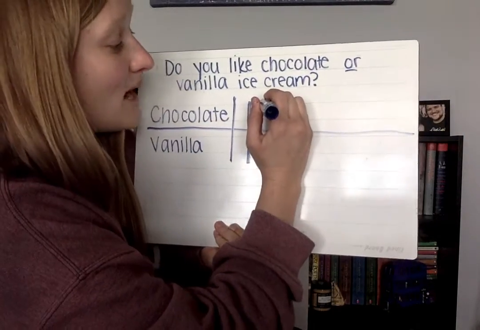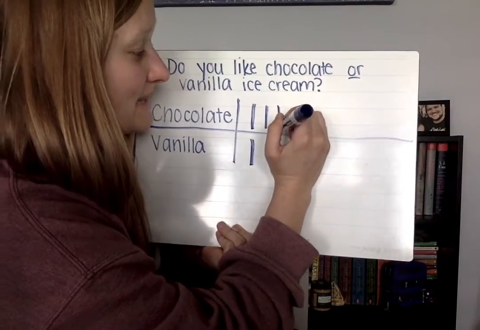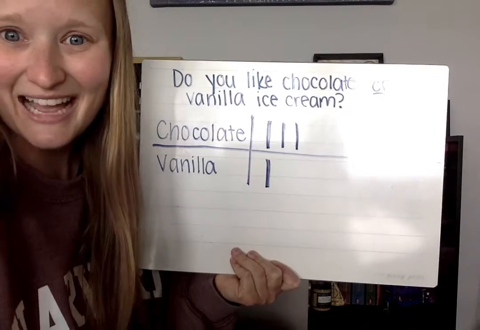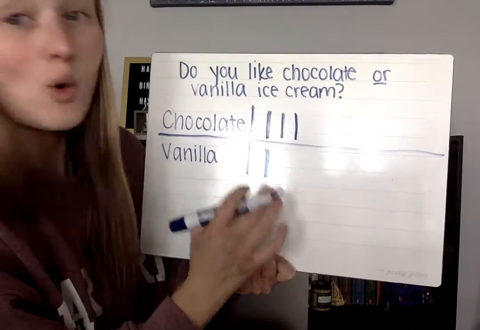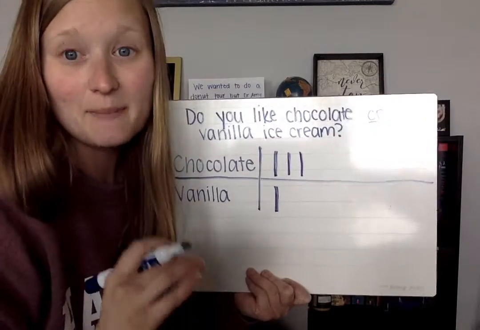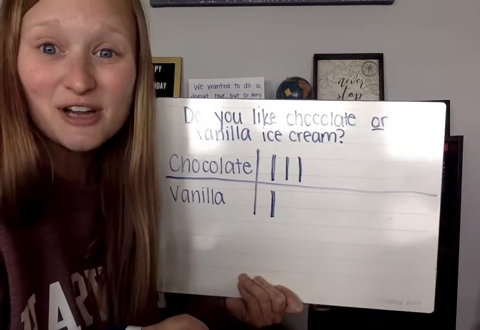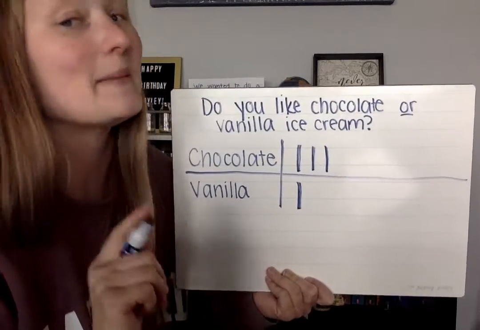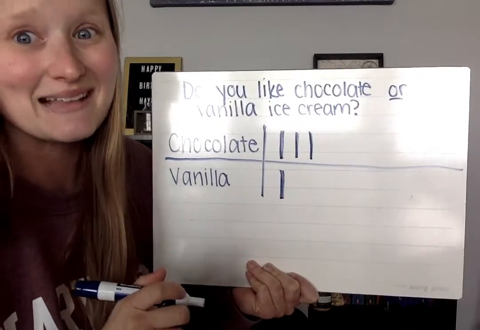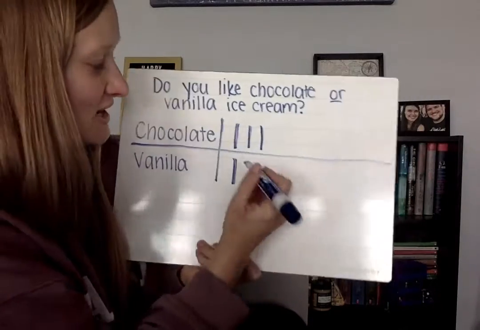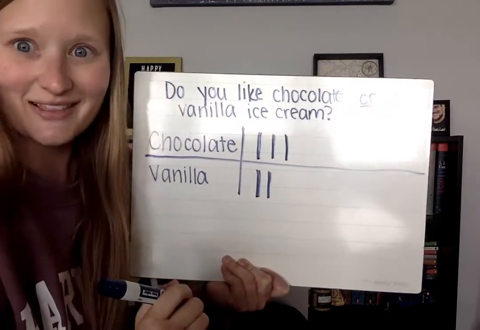So I'm going to put 1 tally mark by chocolate for my mom, and I'm going to put 1 tally mark by chocolate for my dad. All right, and then right now I have 1, 2, 3, 4 total people who I've asked. The last person that I asked is my friend who you guys also know, Miss Cardamon. Miss Cardamon told me that she is like me and likes vanilla ice cream the best. So I'm going to put 1 last tally under vanilla.